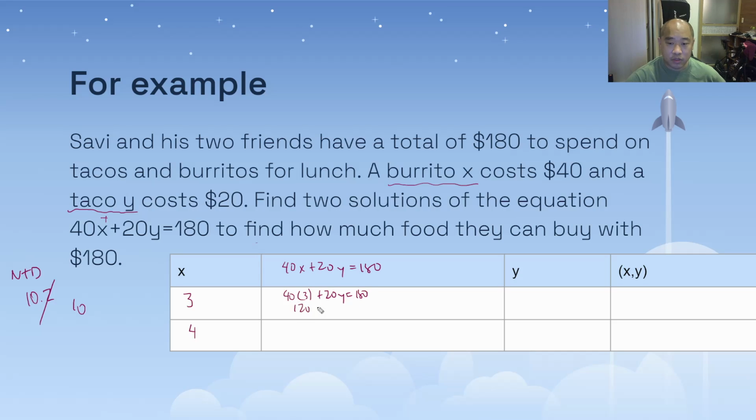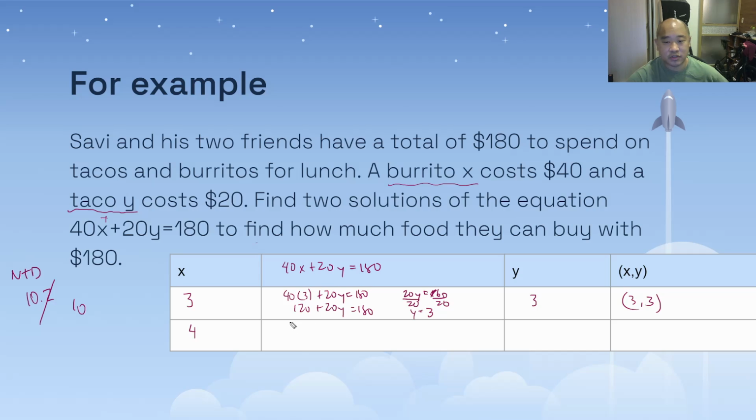So that's going to be 120 plus 20y equals 180. Subtract 120 from both sides. 20y equals 60. No, 60, not 160. And then divide by 20, y equals 3. So you can buy 3 burritos and 3 tacos.